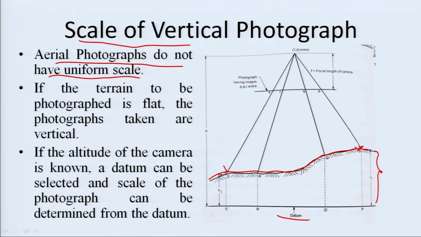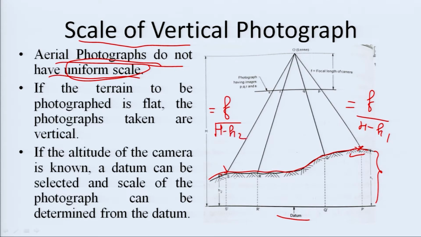Therefore, the scale used in aerial photography does not have any uniform value. It can change. For example, for point P, the scale can be f upon H minus h1, and for point S, the scale is f upon H minus h2.